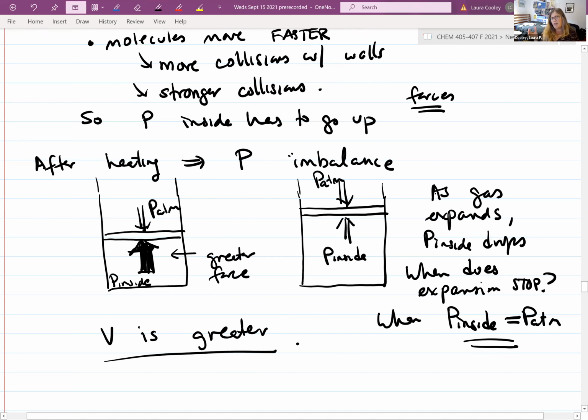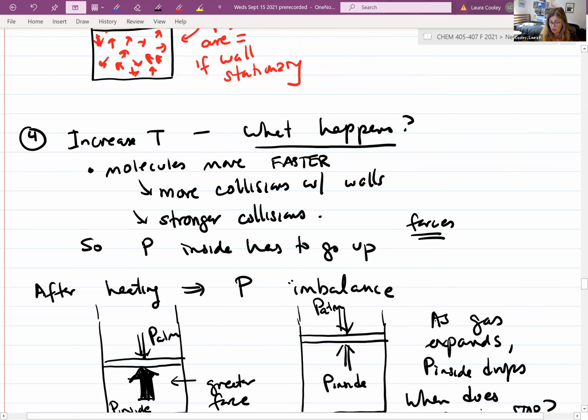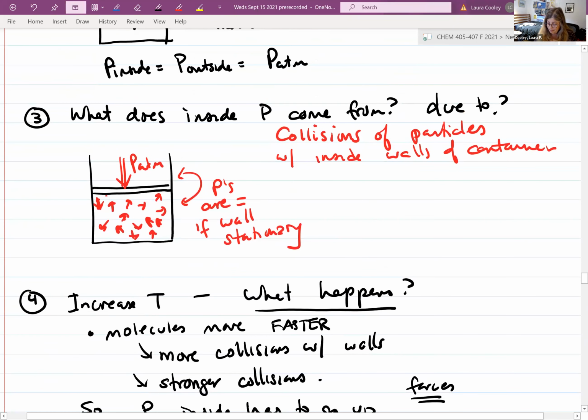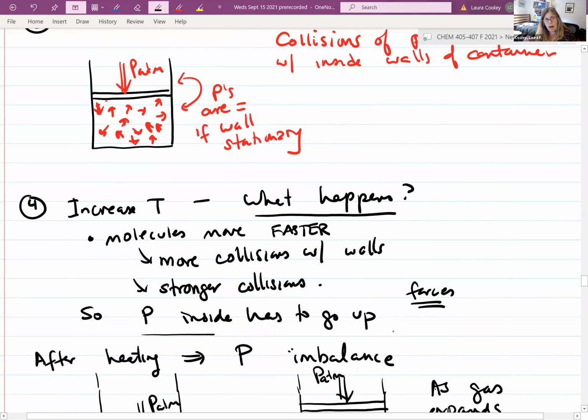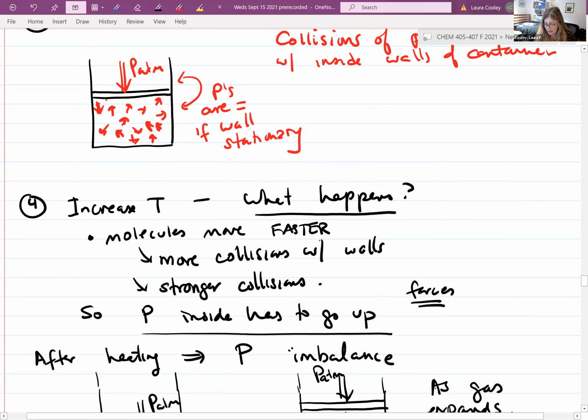Okay, but there's a lot of different pressures in this problem. There's the atmospheric pressure that's pushing down on the outside of the gas, on the piston. But we also have the pressure of the gas inside. And the pressure of the gas inside, when you heat this thing, the pressure goes up inside temporarily until that gas expands.